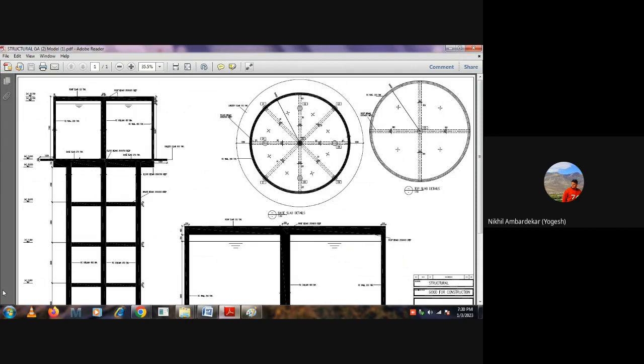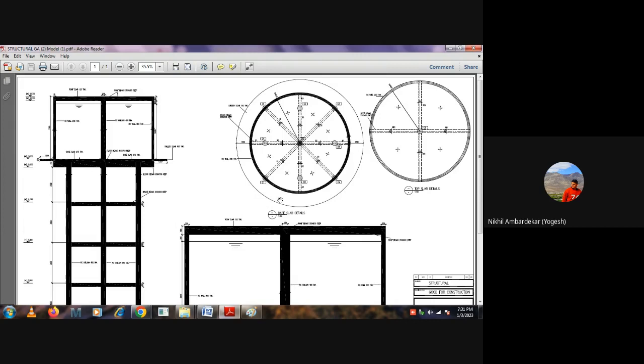It's not hard and fast. In my case I have gone with a total of 9 columns. Maybe you can also reduce the number of columns, but in that case some section sizes will be increased, obviously, because the total load will be distributed amongst all the columns. Similarly, if you increase the total number of columns, your column cross section may be reduced, or vice versa.